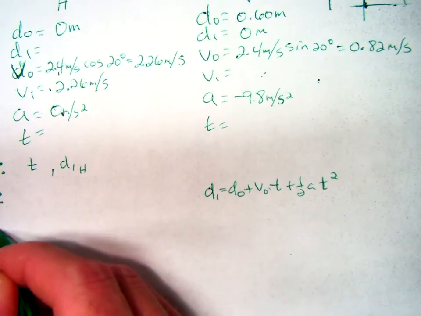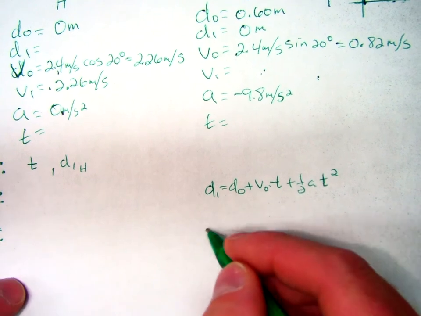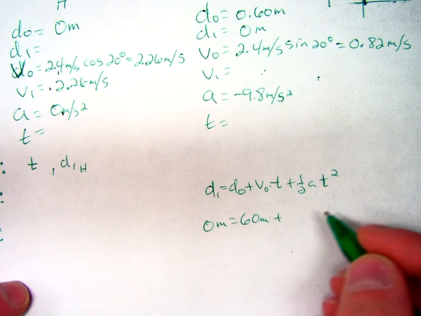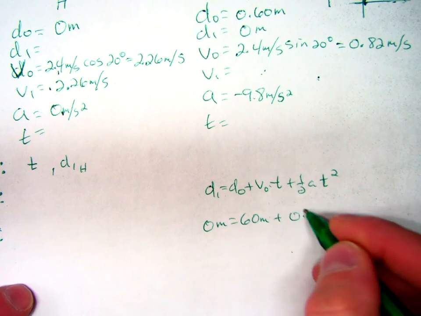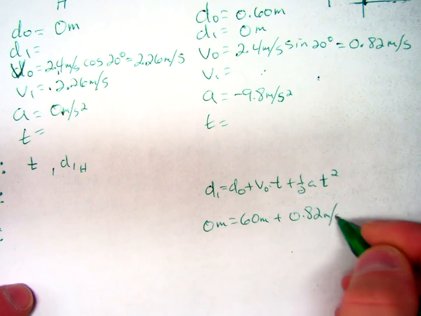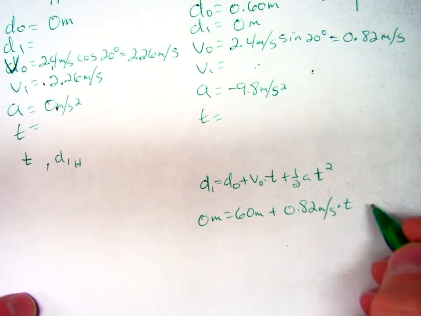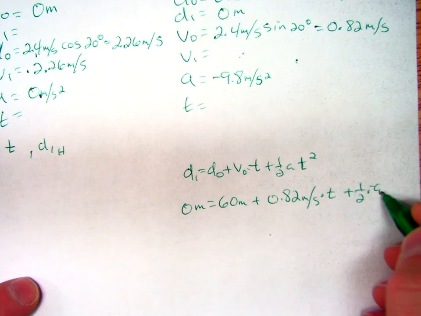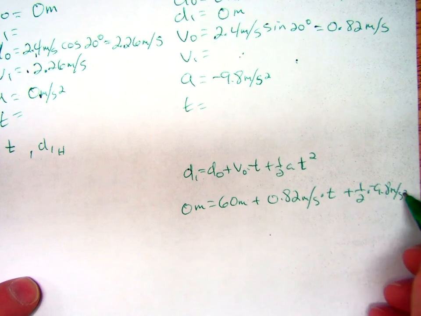And then I'm going to substitute. And I have 0 meters equals 60 meters plus 0.82 meters per second times T plus 1/2 times minus 9.8 meters per second squared times T squared.